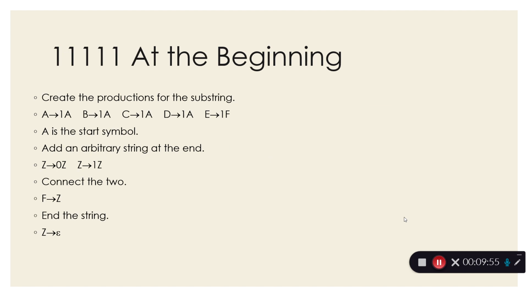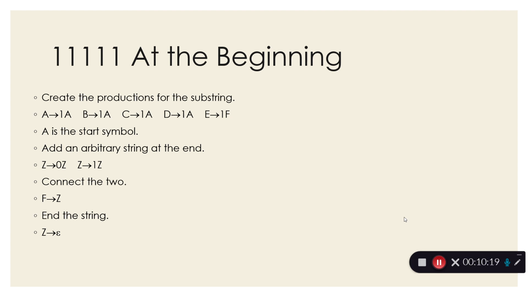Now let's take a look at 5 ones at the beginning. We create the productions for the substring. Boy, this is a mess. A goes to 1B is what it should say. B goes to 1C. C goes to 1D. D goes to 1E.